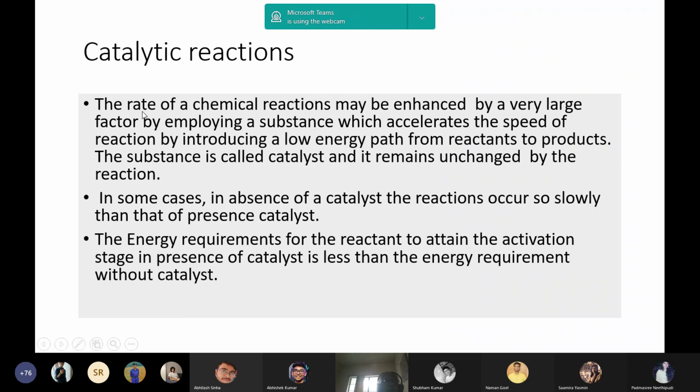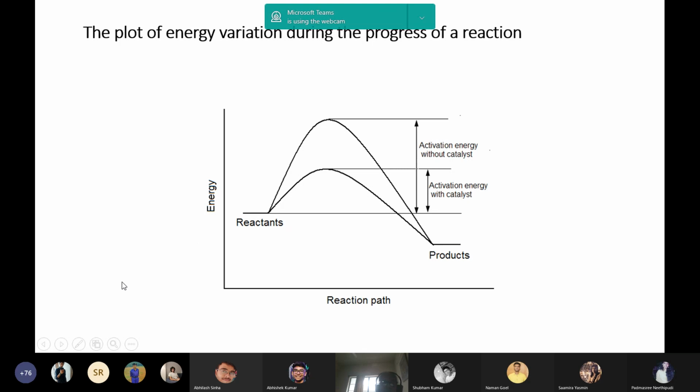So the reaction will follow the lower energy path. Better you see the plot: reactants should attain the higher energy level, and this higher energy level is lower for the case of catalytic reaction. And then the reacting species from the higher energy level react to form products.